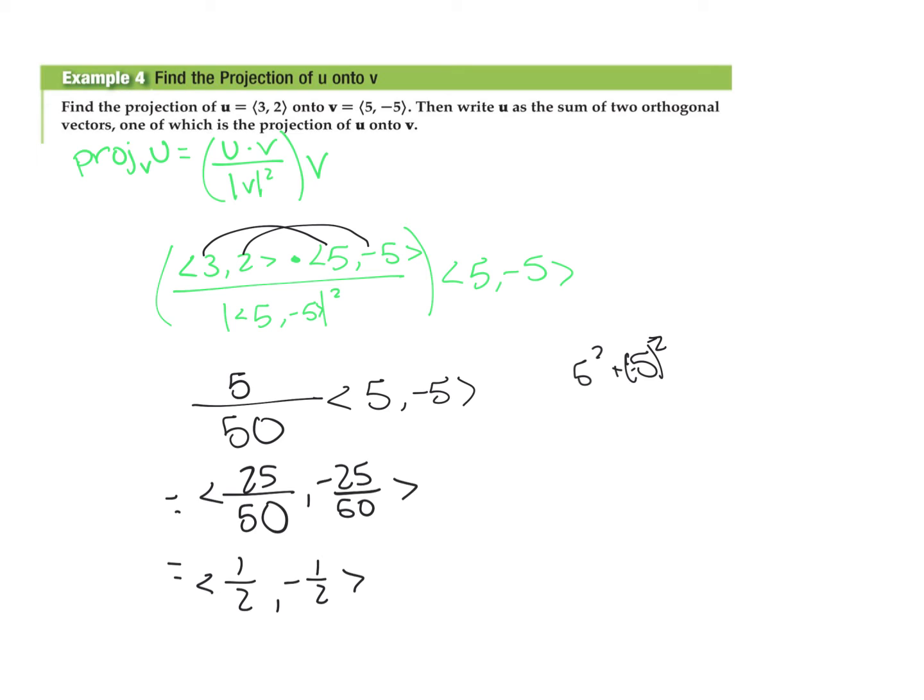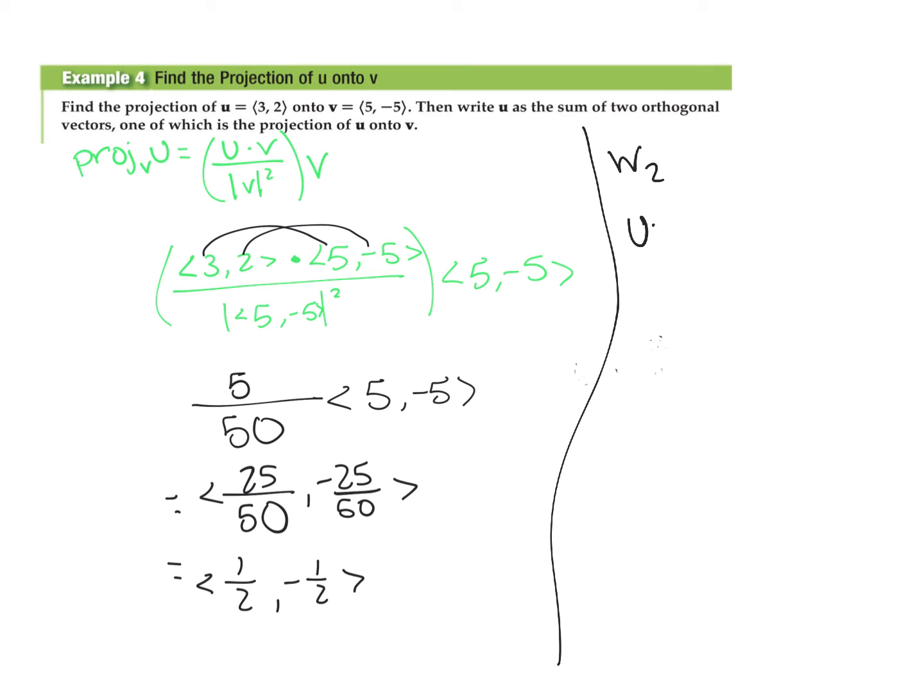We need to write vector u as the sum of two orthogonal vectors. So the two orthogonal vectors, we know just from the definition in the prior slide. Hold on, let me erase this. All right, we need to find W2.